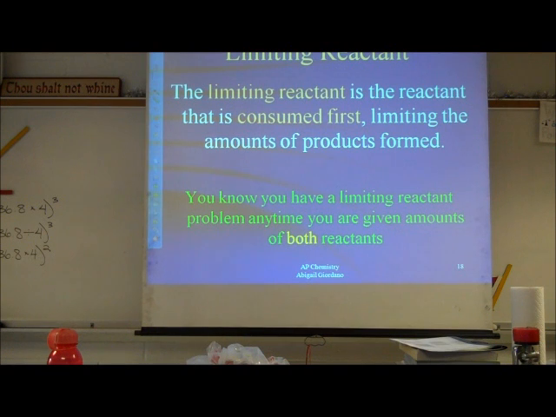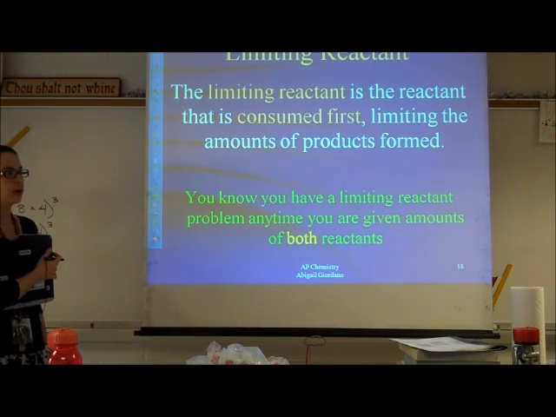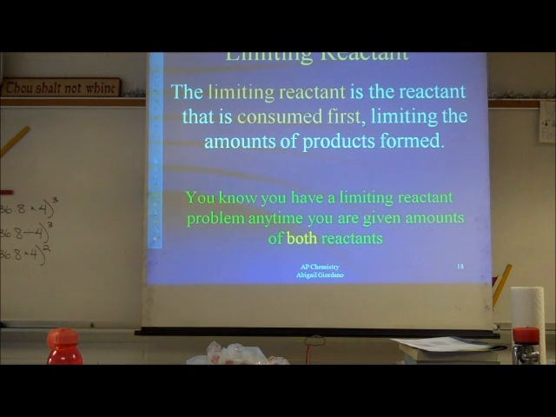It will give you amounts of maybe both of the reactants, or if there are 3 reactants, they'll give you amounts of all 3. That's how you know you have a limiting reactant problem, and not just a straightforward stoichiometry. If you are given more than one starting amount.